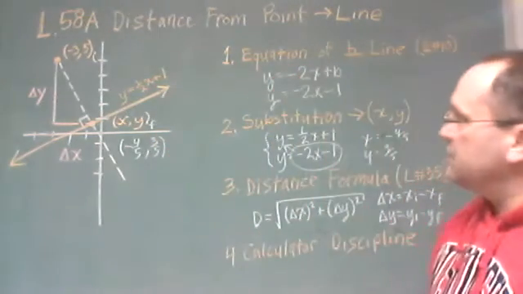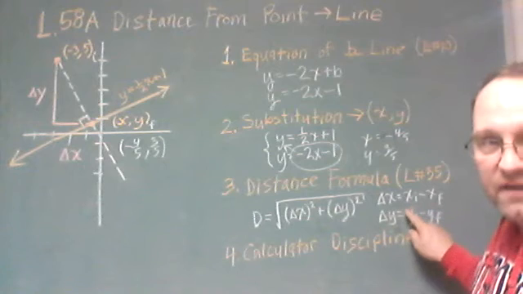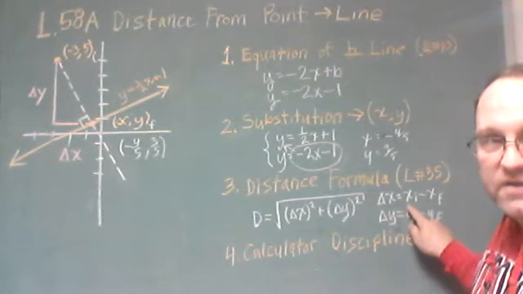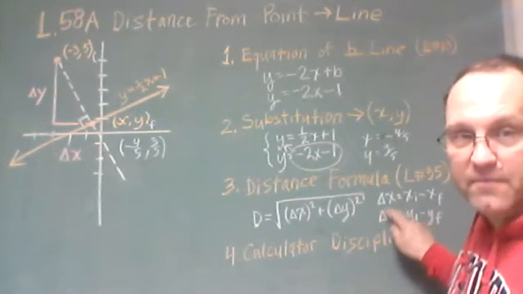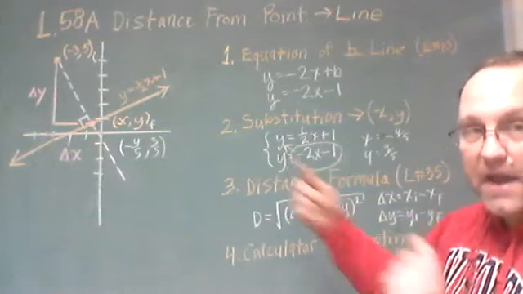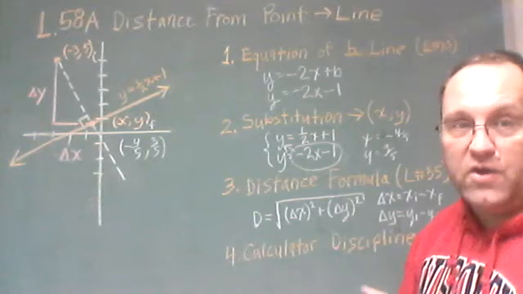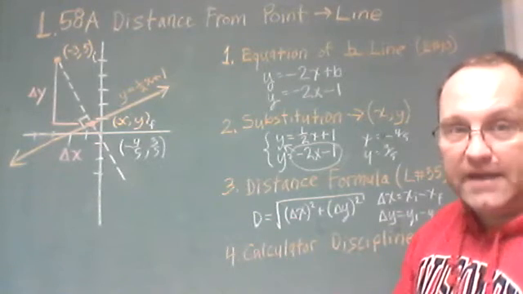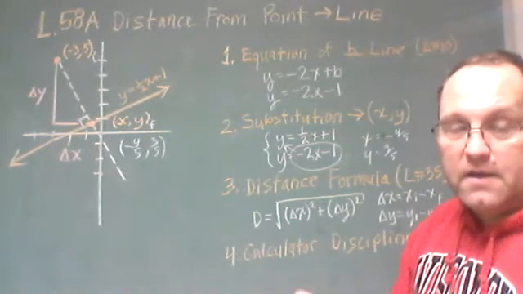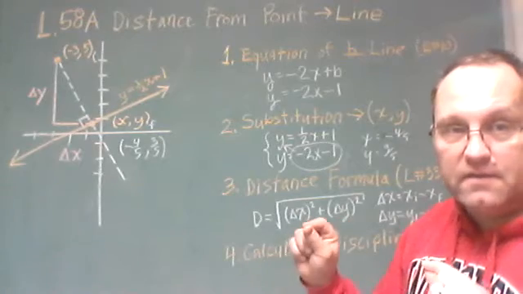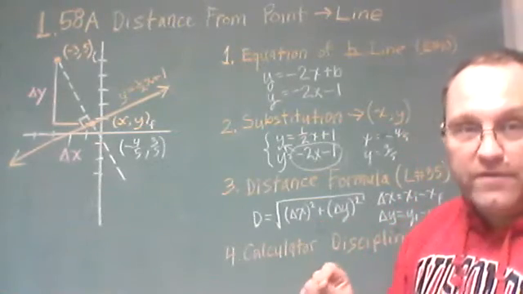Okay? So the important thing to keep track of, okay, is that we declare one of them as the initial and one of them as the final. Okay? And it doesn't matter which way, but what matters is whatever point we call the initial, we use the x and the y component of the coordinate of that for the initial one.